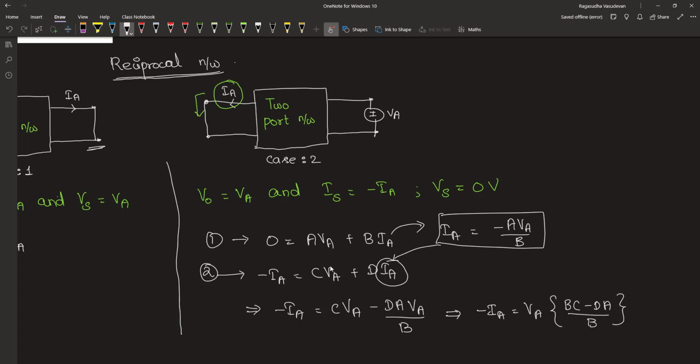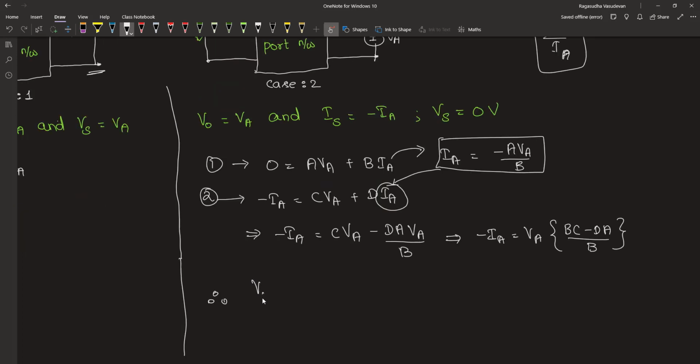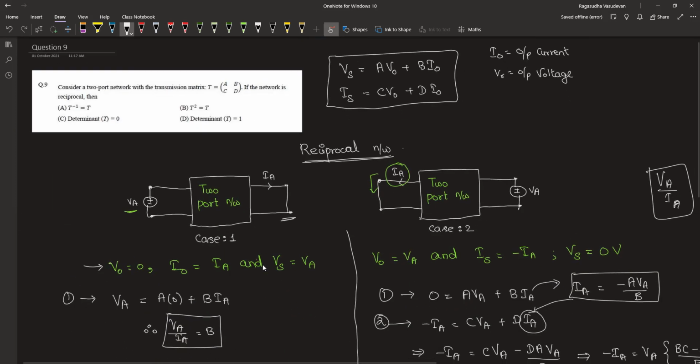Our objective was to find the ratio VA by IA in both cases. Therefore, VA divided by IA is equal to minus B divided by (BC minus DA). So this is equal to B divided by (DA minus BC). So now we have one more value of VA by IA.